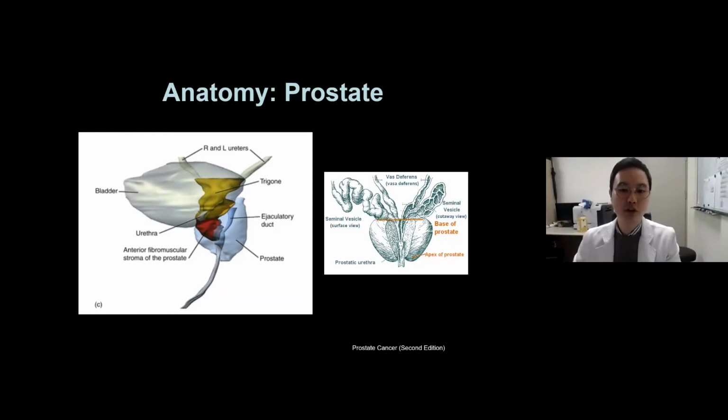It has a muscle-driven mechanical switch between urination and ejaculation. Anatomically, as you can see here, it is found below the bladder with the urethra passing through it.